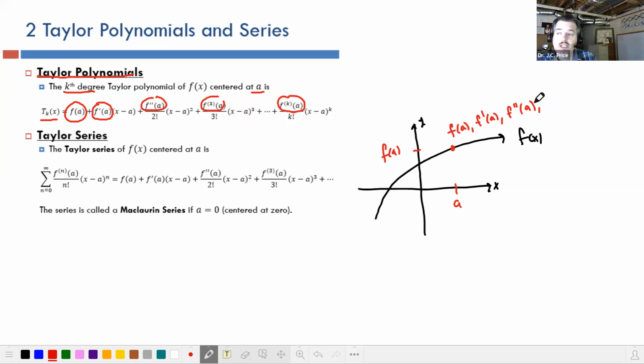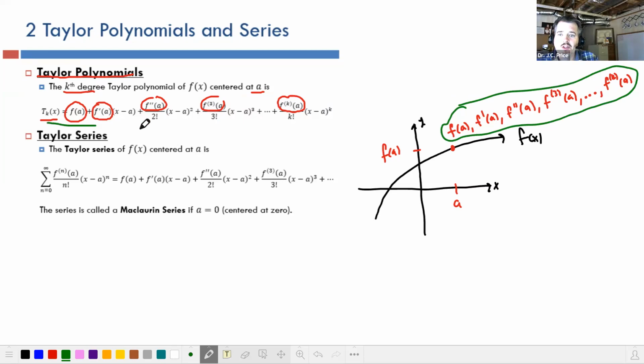And then we can just continue on. So you have the third derivative of that function evaluated at a, and so on and so forth, dot, dot, dot. And that can go on forever and ever. If we stop it at the kth derivative, f to the k evaluated at a, then we can use this information right here and build this polynomial.